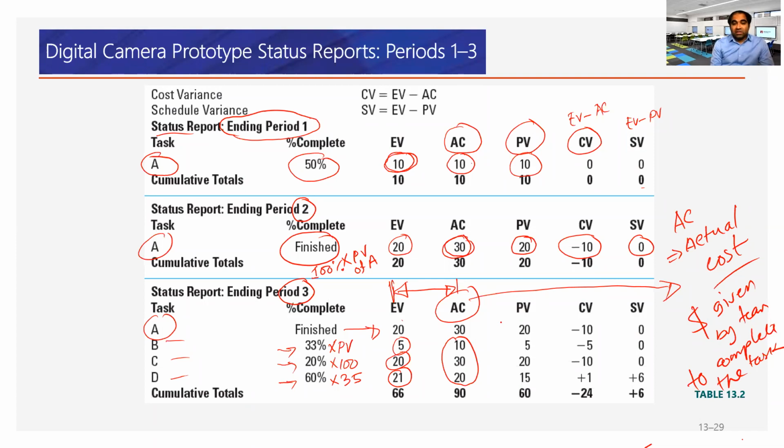PV we already have from the planning stage, and these two are simple subtractions from EV with actual cost and EV with the planned value.